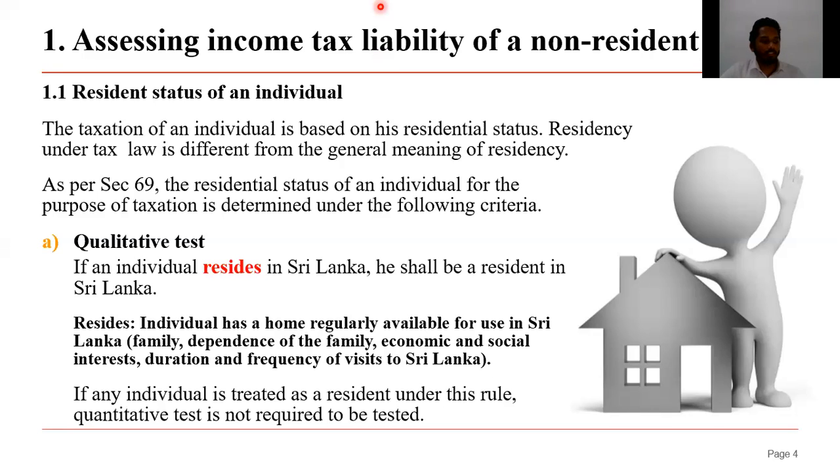When we say person in taxation, it includes not only an individual but also companies, partnerships, trusts, and entities. We already discussed this in the first session. So all of these persons are included here, the body of persons, including individuals also.